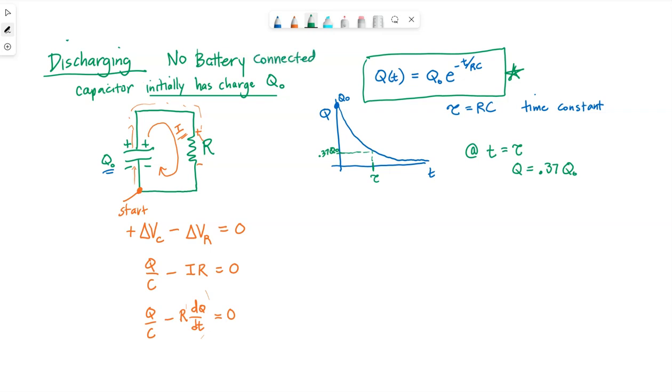It had to be connected at one point because that's how the capacitor would have become charged in the first place. But now the capacitor is connected in such a way that the battery is no longer connected. And that's why the charge moves around to bring the potential difference across the capacitor to 0.